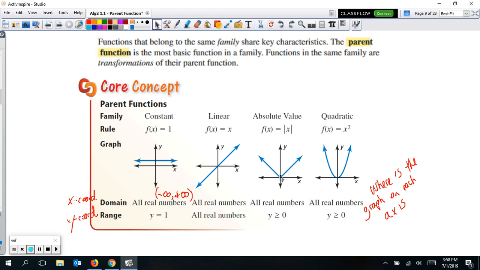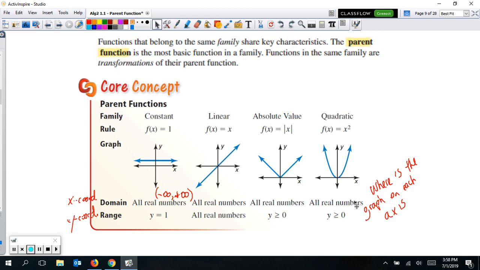It's only above 0. So it's going to be an inequality of y is greater than or equal to 0. It's the same for this one as well, because it only goes above 0. It touches 0 at the origin, but it only stays above the x-axis. So y is greater than or equal to 0 for the range.